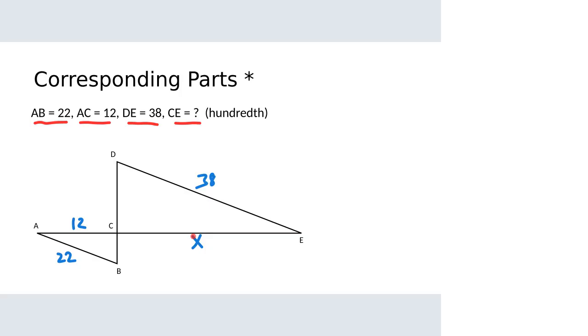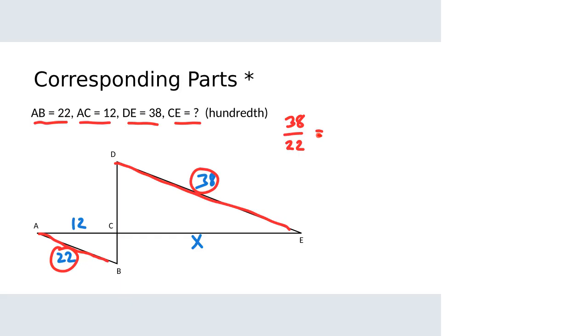Now, in some ways, I kind of gave you a huge hint about what the corresponding parts are by what you've been given here and what you haven't. We also talked about it, but our hypotenuse is 22. In the other triangle, our hypotenuse is 38. So we're going to have a relationship between those. I could say big triangle over little triangle is 38 over 22. You could set it up the other way as long as you're consistent when you do the other thing.